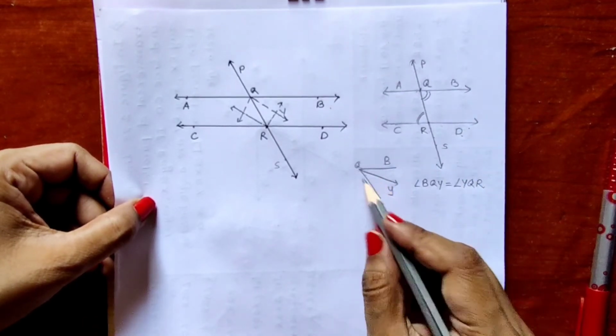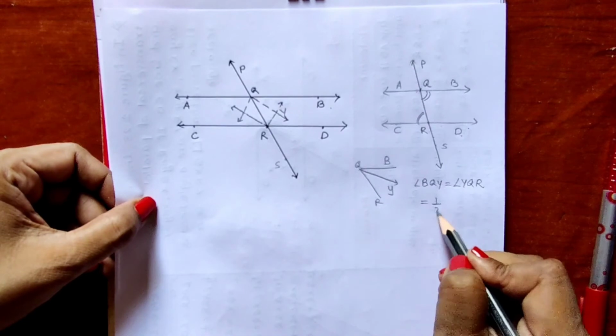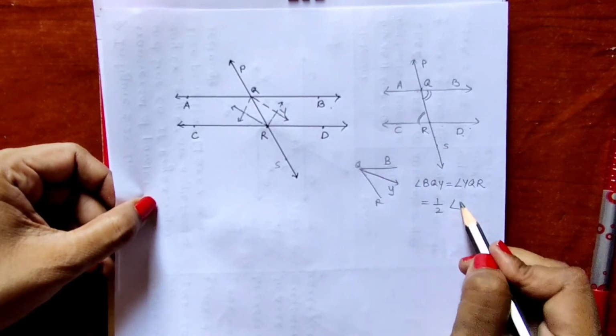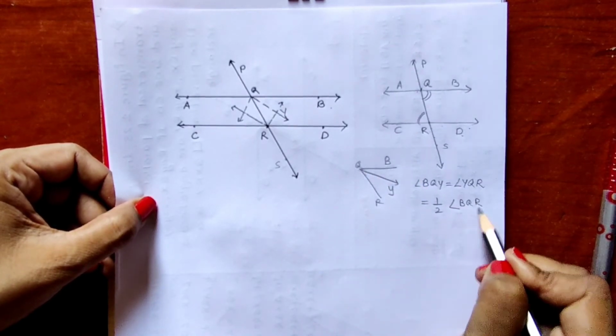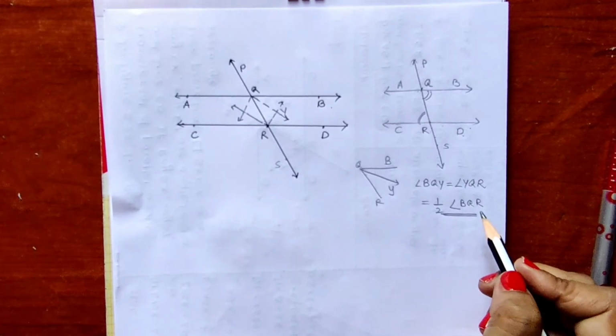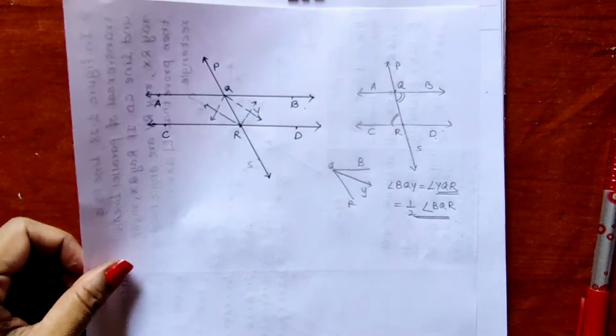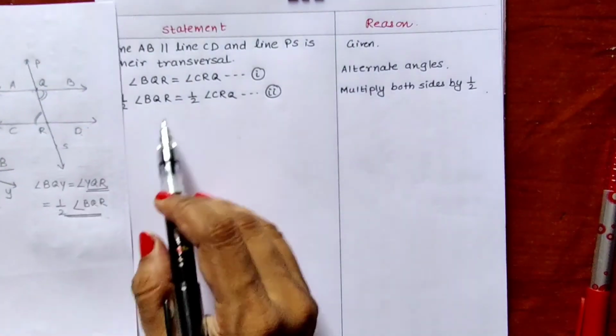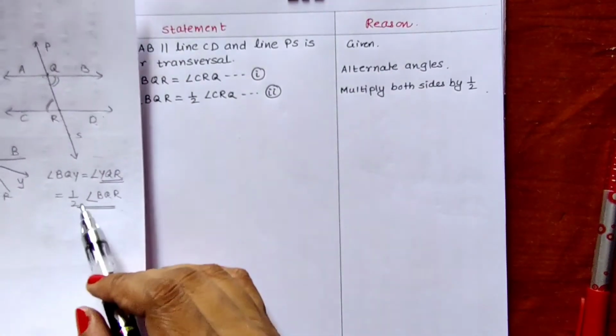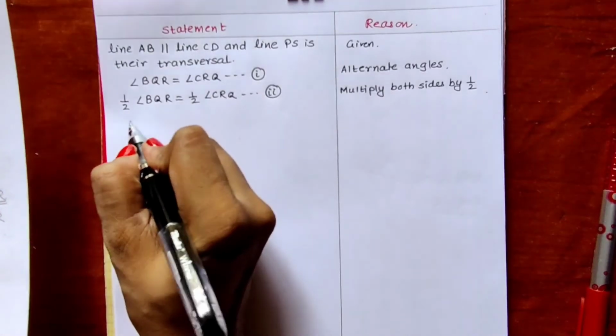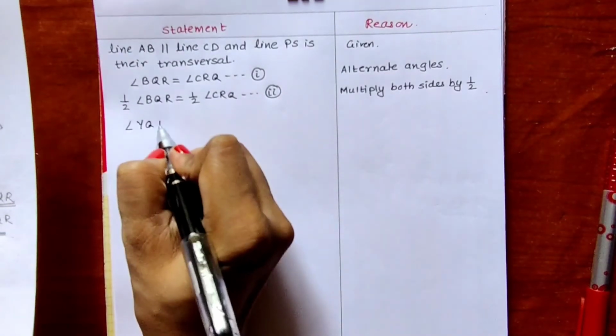Both these angles will be half of the bigger angle BQR. So in place of half angle BQR, I can write angle YQR.